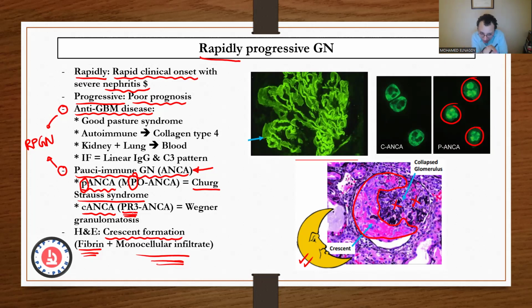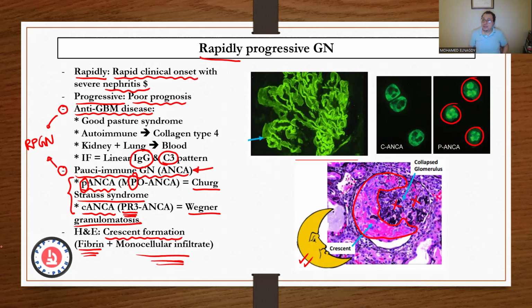You need to memorize what kind of antibody is the C-ANCA, and it's usually there in one of the famous vasculitis diseases, which we call Wegener granulomatosis. It depends whether you pronounce it in German. I think in German it's Wegener. In English, it's Wegener. So Wegener granulomatosis, C-ANCA positive. Churg-Strauss is P-ANCA positive, and MPO. Memorize these. It's IgG antibody deposits with complement 3, IgG with complement 3, and this is the pauci-immune.